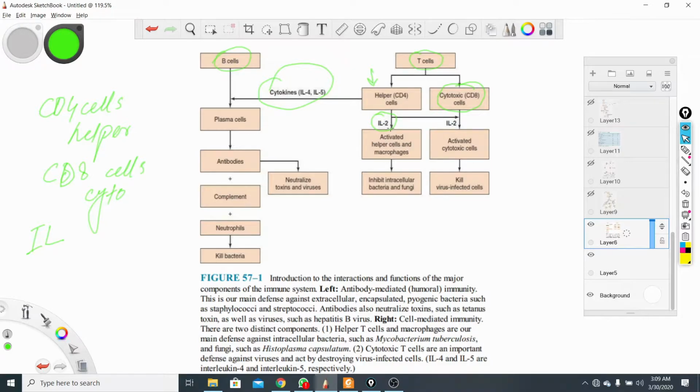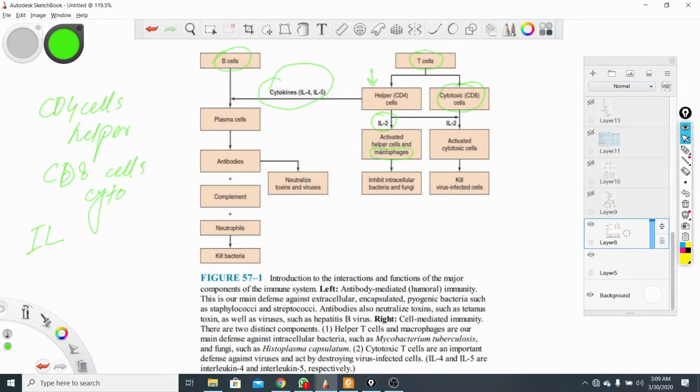Helper CD4 cells produce IL-2, and IL-2 is required by the CD8 cells so that these cytotoxic cells can be activated. IL-2 also activates the helper cells and macrophages. Macrophages are those cells which engulf the antigens.